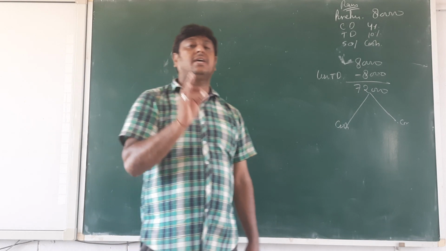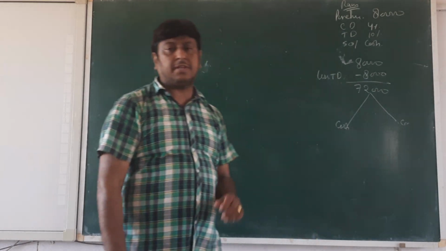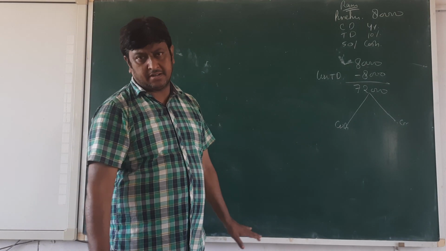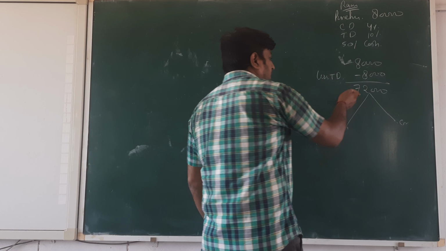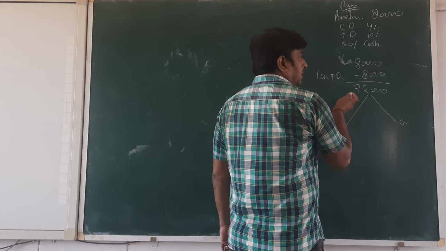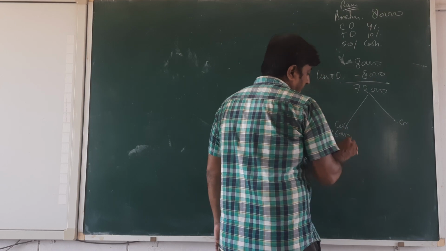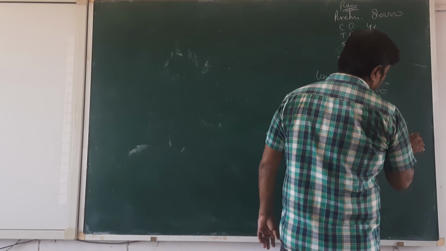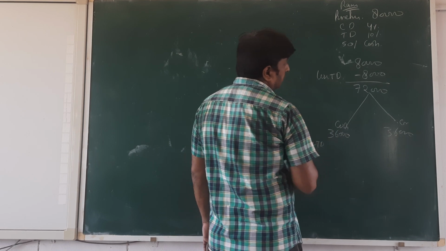Cash discount is given only on cash payment. So what amount is the cash payment? 50% of this is 36,000 and 36,000.